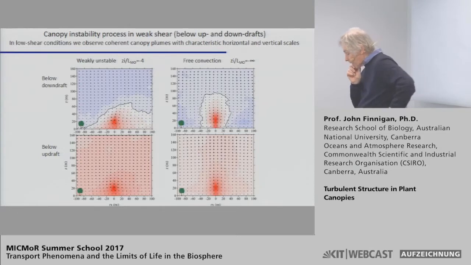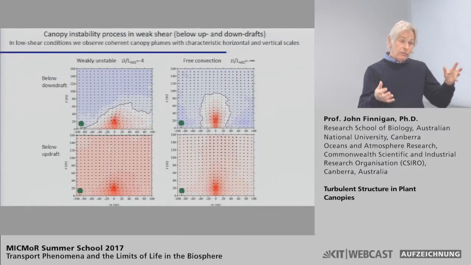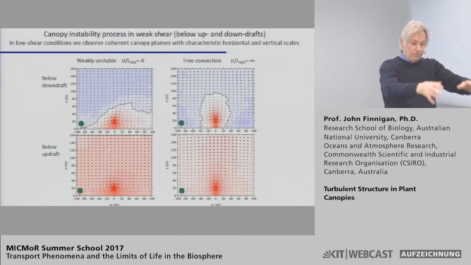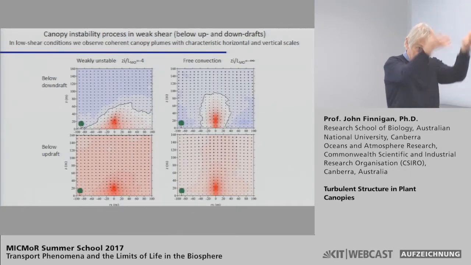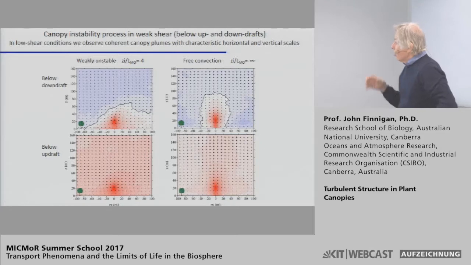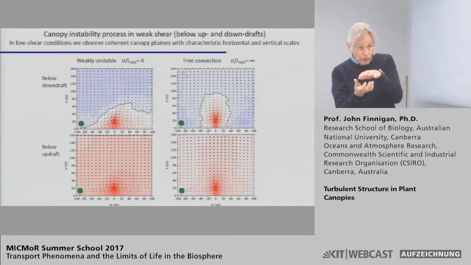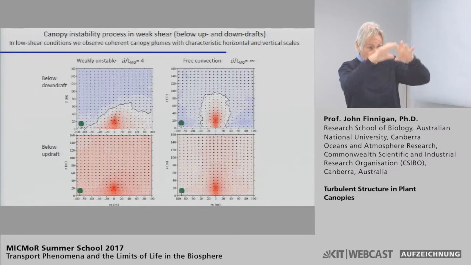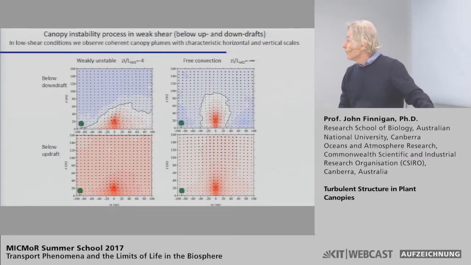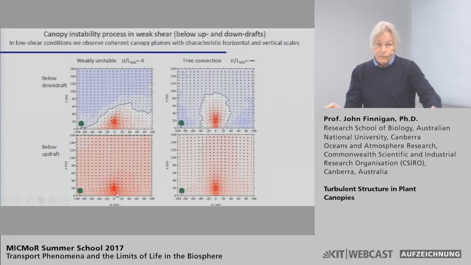So what's going on? If we look at the low shear, high negative Richardson number regions, where the large scale motions are coming down to the canopy, or the rolls are coming away from the canopy, and we composite again by looking for regions of high heat flux and looking at the patterns of the flow around them, then we see that below downdrafts, where the air's coming down, we get plumes of warm air moving up from the canopy up into the flow above.